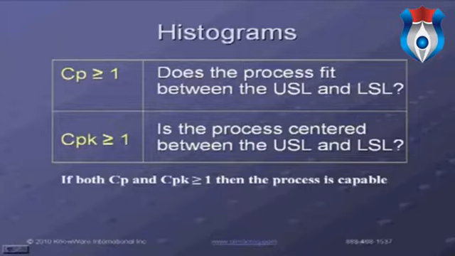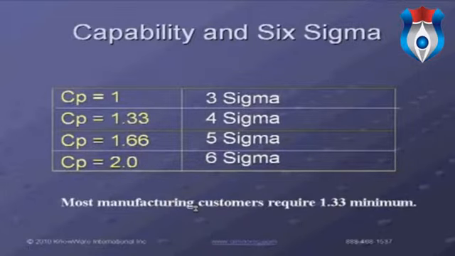And CPK is really a measure of how centered the process is, because your customer probably wants you to be on the target line in between the spec limits, not skewed off to one side or the other. So we want to find a way to adjust our process so that we increase CPK. If CP and CPK are both greater than 1, your process is capable. However, most manufacturing customers require at least 1.33.